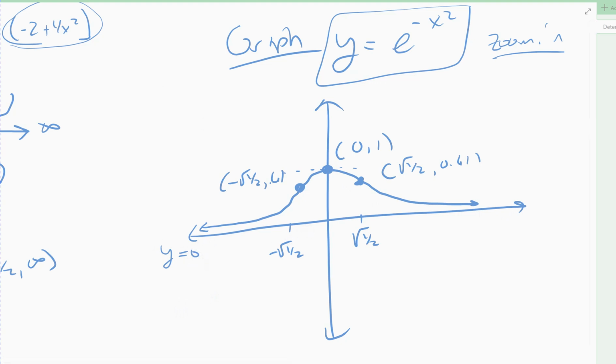And then the concavity is the little harder part. But this piece is concave up. It should have a slight curve up shape. And then between the roots, that one's a little more obvious, that piece is concave down. All right, the tails are a little tougher, but you'll notice that there is a curve. It does concave up.